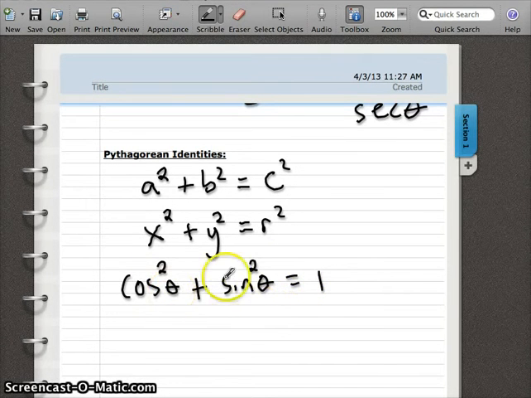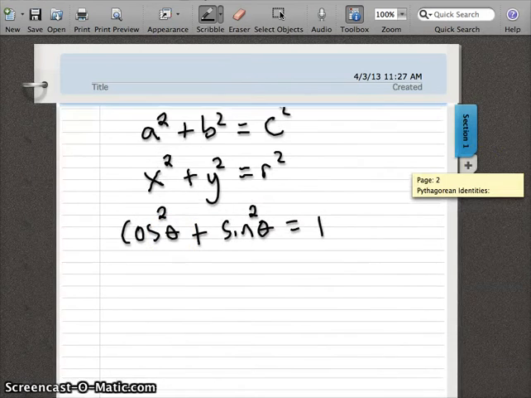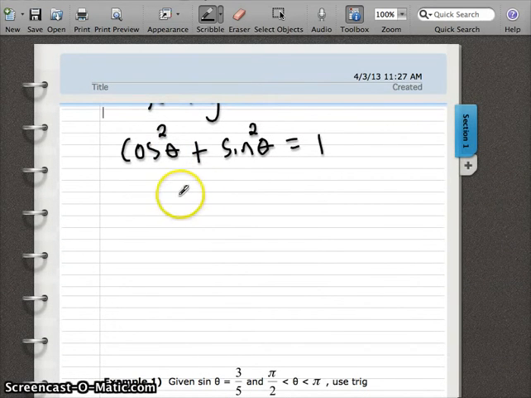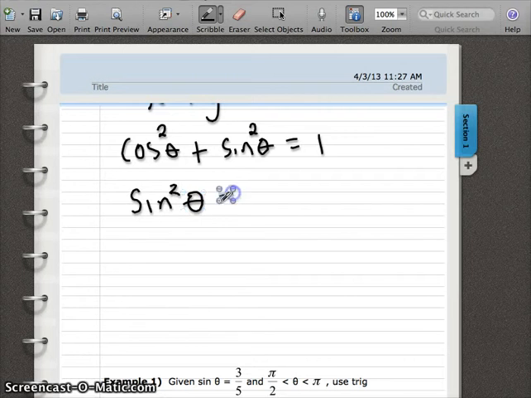If we solve for each of these terms, we get a slightly different variation, or different identity, of this equation. So if I want to solve for sine squared, I would subtract cosine squared from both sides. And so I could then write it in terms of sine squared. Sine squared would be 1 minus cosine squared.